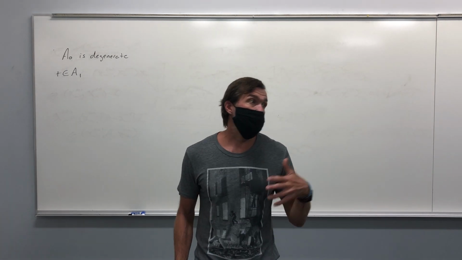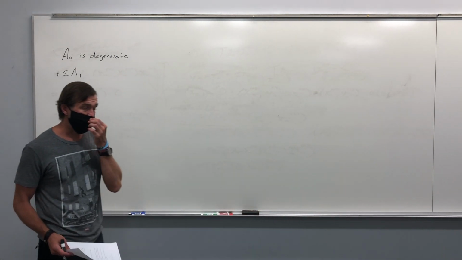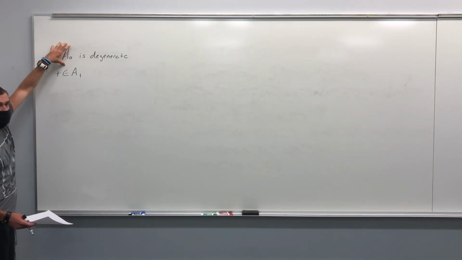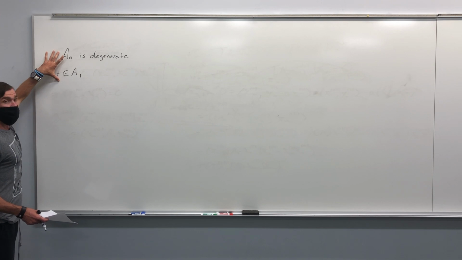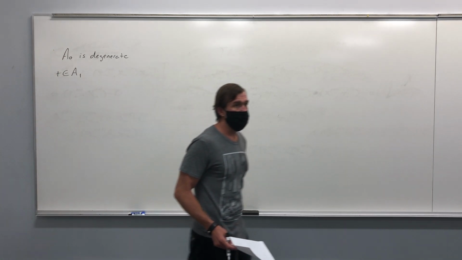And then if you want to add something to it that's going to keep degenerate eigenvalues, you got to be real careful. So in general, even if the initial matrix that we start with is degenerate, the total perturbed matrix might not be degenerate. Okay?